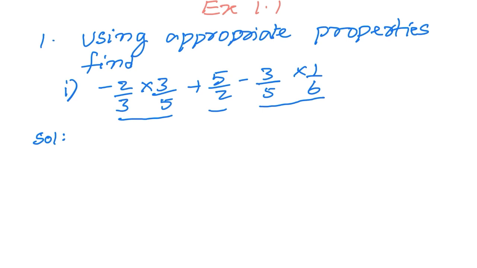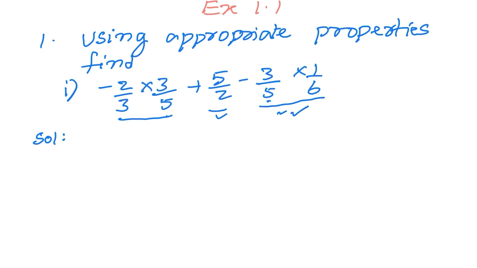Using commutative property, this one and this one can be exchanged. Why? Because in the first product, 3 by 5 is there. In this one also, 3 by 5 is there.